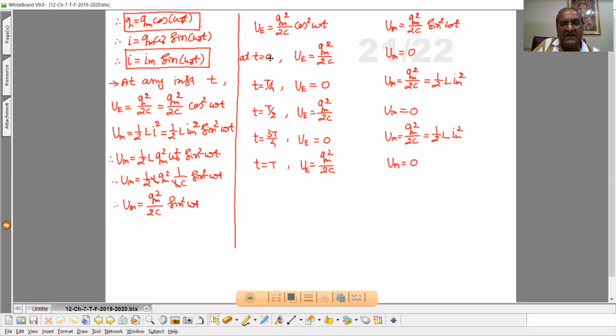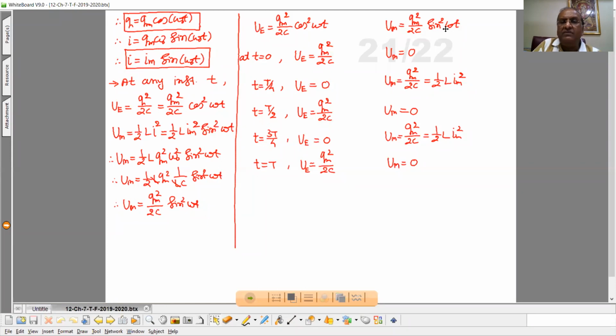Okay. Now if we take a smaller time interval between t equal to 0 and t equal to T by 4, suppose we consider t equal to T by 8. If we substitute small t as T by 8 with 2 pi by T, we will get pi by 4, and cos square pi by 4 is 1 by 2.